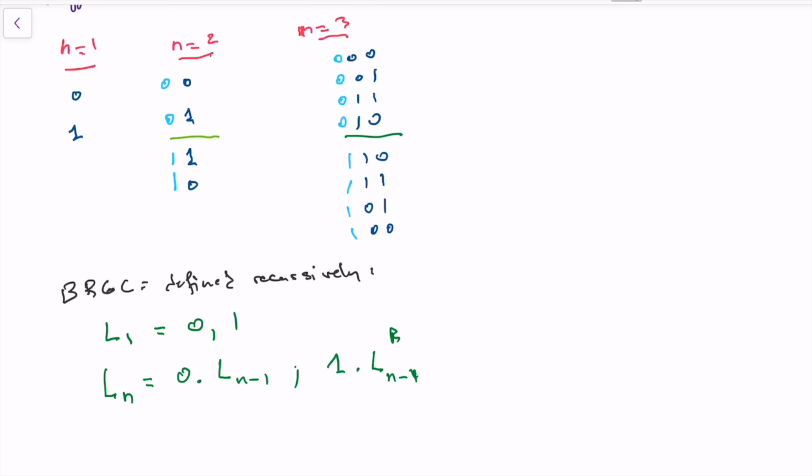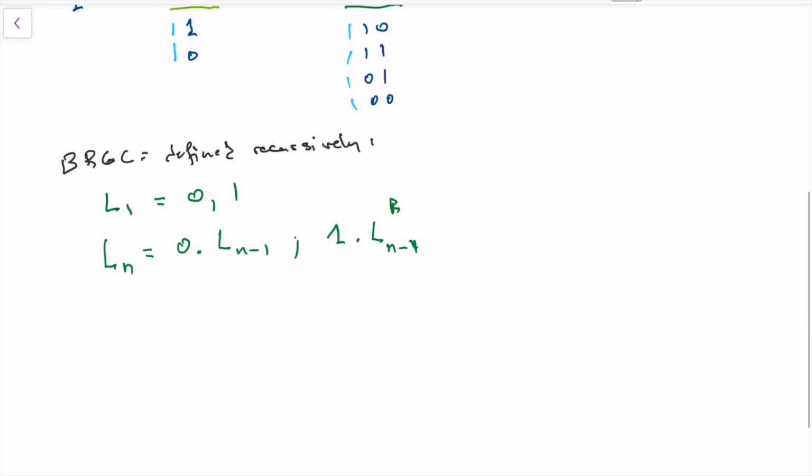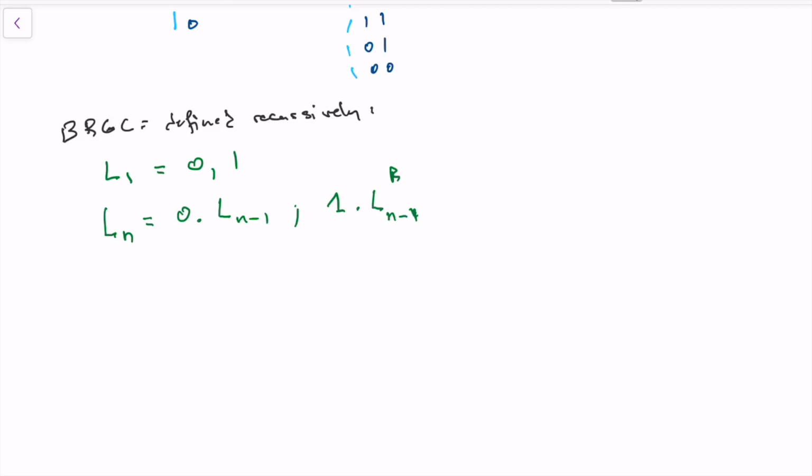We took 0, 1 and reversed it to 1, 0, put 0 in front of the non-reversed ones, and put 1 in front of the reversed ones. In this notation, x dot L means concatenation, and LR means L in reverse order, which is what we did in the example above.